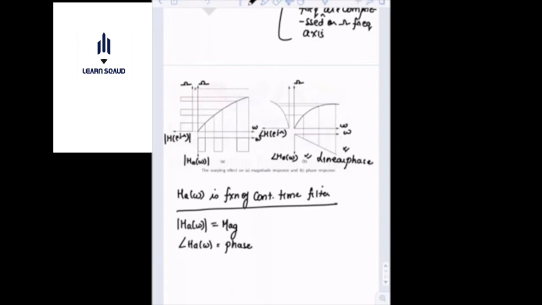Okay, and I've drawn the figure here. Here we can see that it's a linear phase system. So we are talking about the continuous time system. Here the magnitude plot is like this, non-zero over these frequencies, non-zero over these frequencies, and non-zero over these frequencies, and it's a linear phase curve as we can see here.